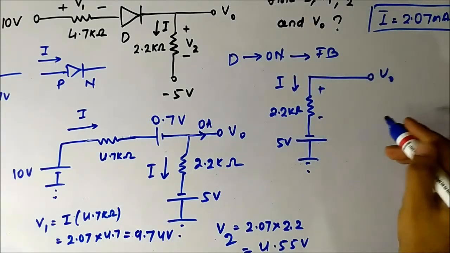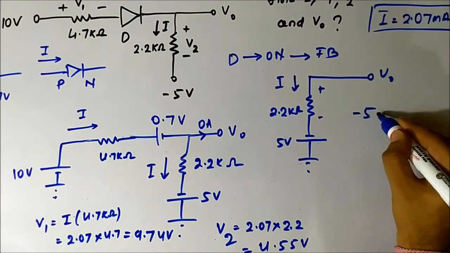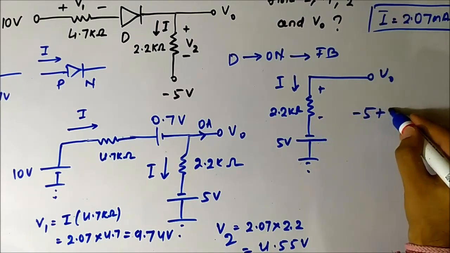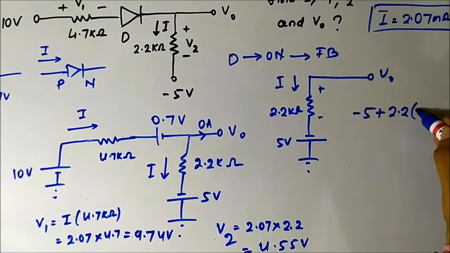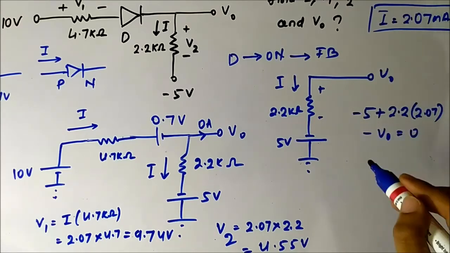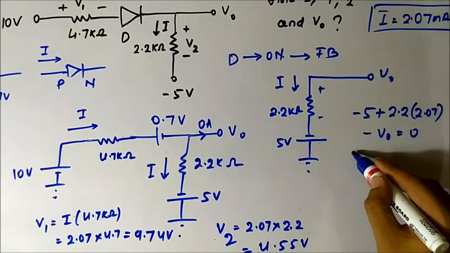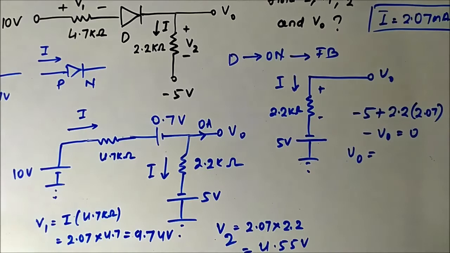So if we put KVL here, we'll get minus 5 plus 2.2 kilo ohm into I, which is 2.07, minus V0 is equal to 0. So V0 is equal to this. V0 will be equal to how much?